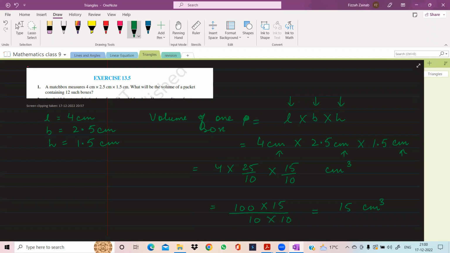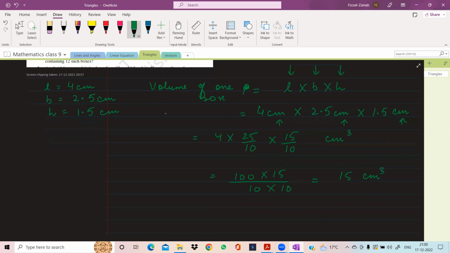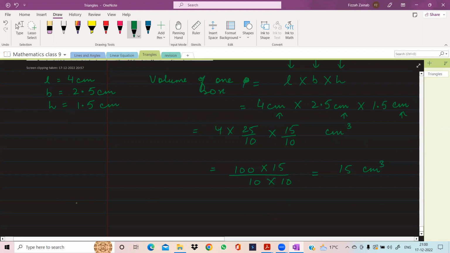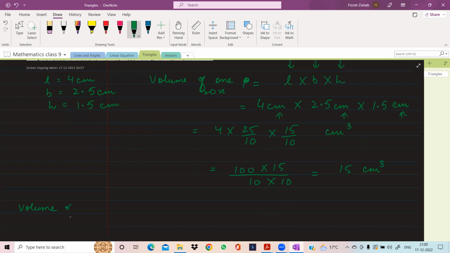So what will be the volume of a packet containing 12 such boxes? So this is the volume of one box. Now you multiply by 12. So volume of packet containing 12 such boxes will be equal to 12 multiplied by 15 centimeter cube.